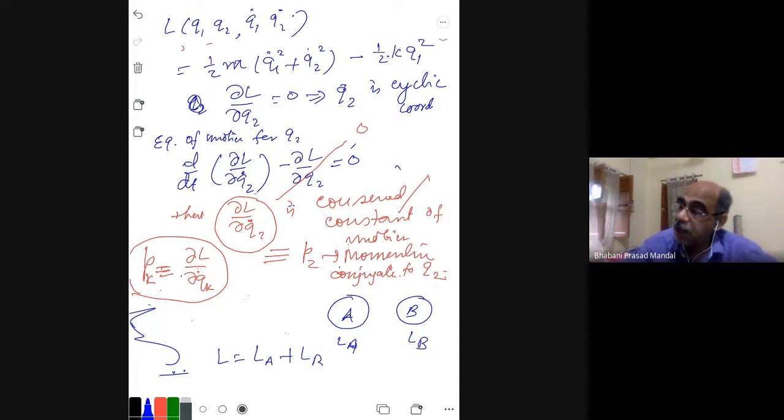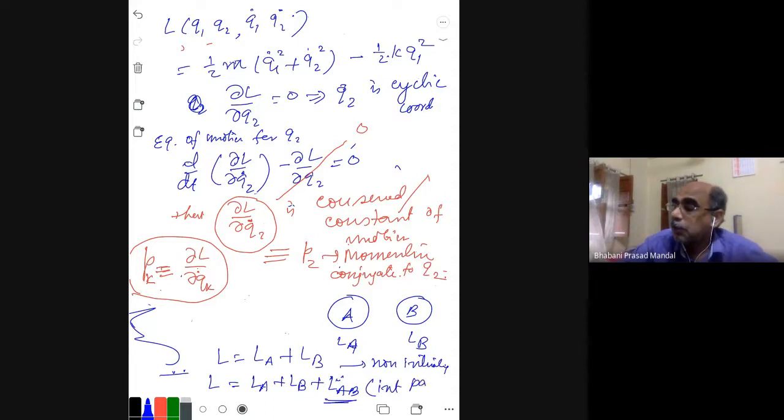If they are interacting, L should be LA plus LB plus LAB, where LAB is the interaction part of the Lagrangian.